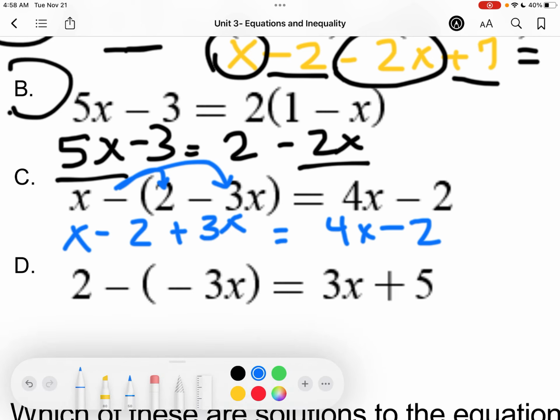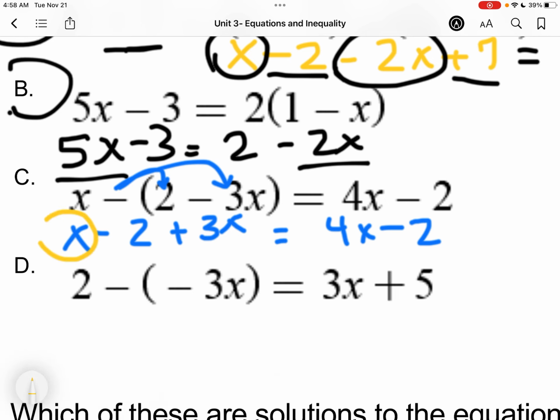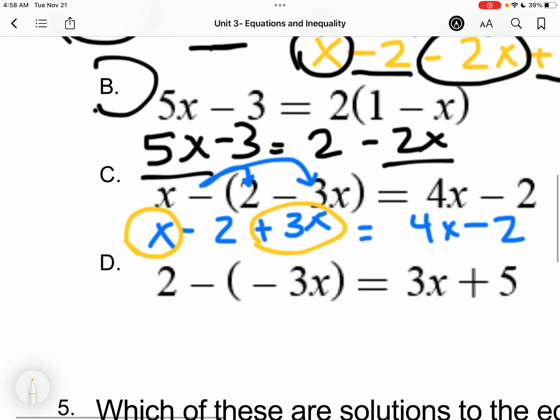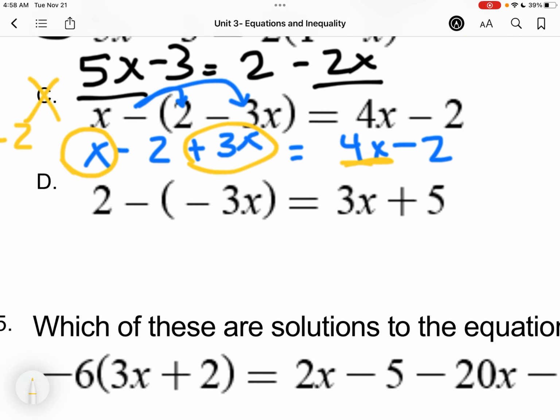Can combine some like terms. That one's going to give me infinitely many solutions because the coefficients are exactly the same.